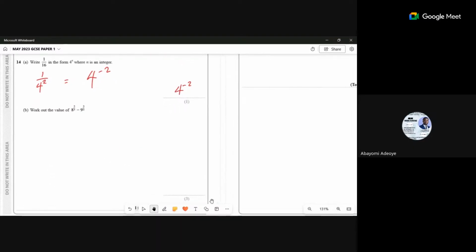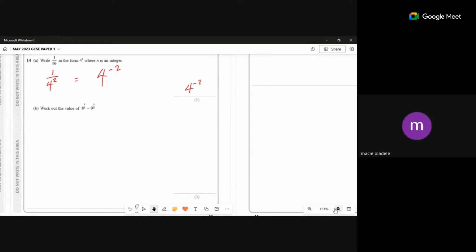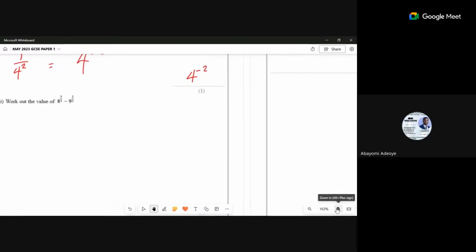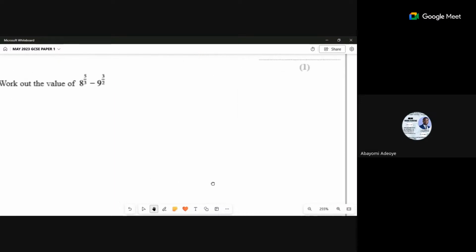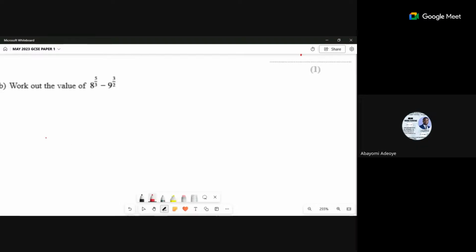B, can you solve this? I can't really see it. Okay, let me zoom. Can you see it now? Yeah. 8 to the power 5/3, minus 9 to the power 3/2.